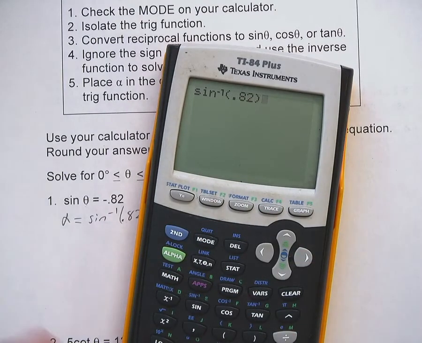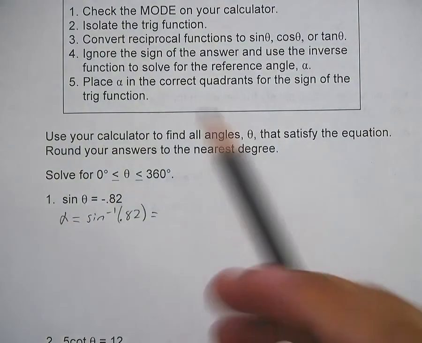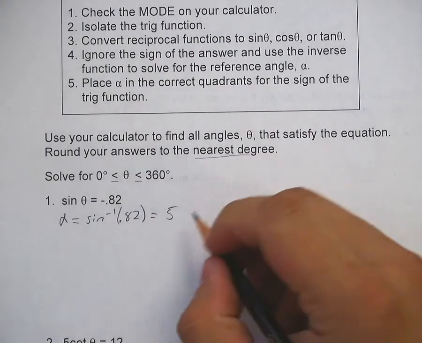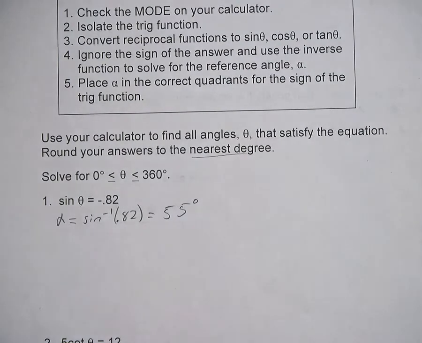Now I've already checked that I'm in degrees. Hit enter and you should get 55.084. Andrew, is that what you got? Yep. Fantastic. So we get 55, and we are rounding to the nearest degree. We got 55 degrees.